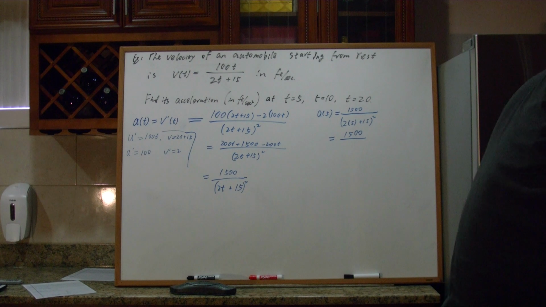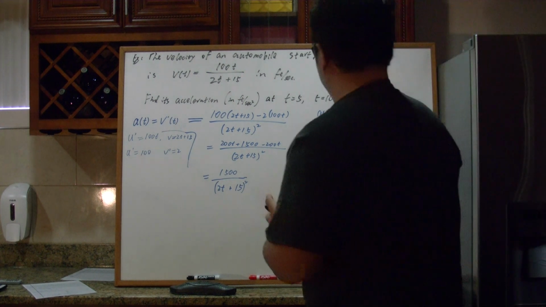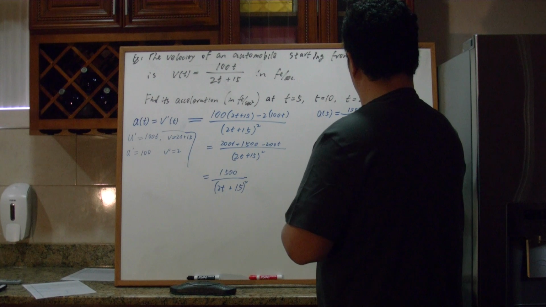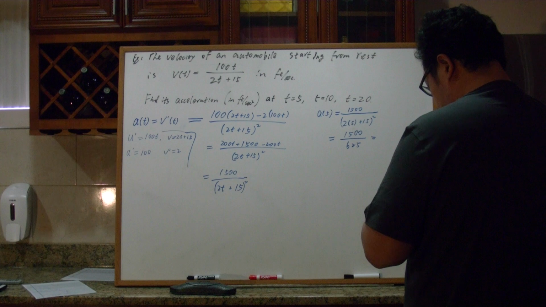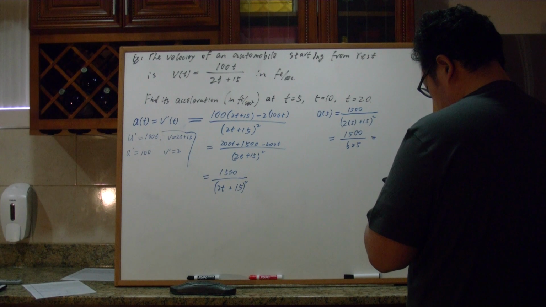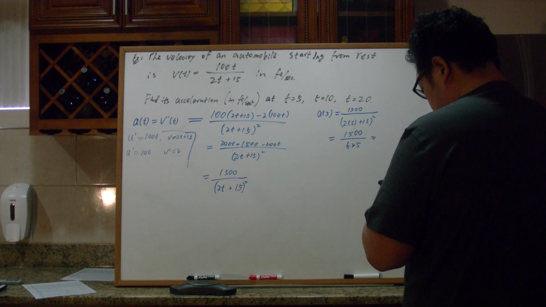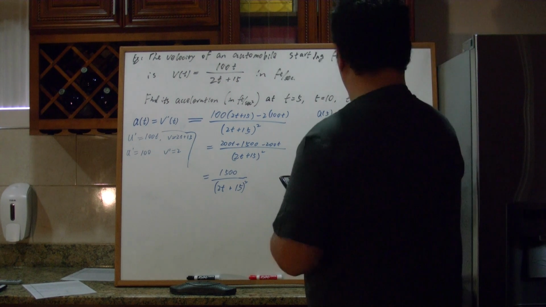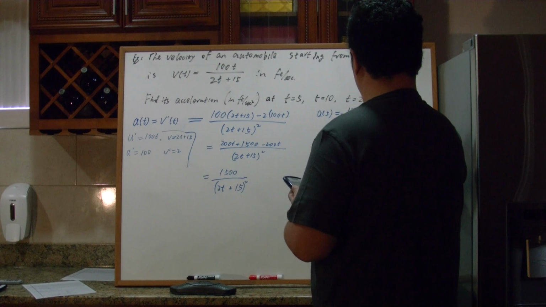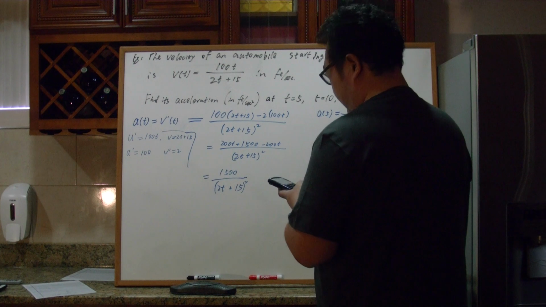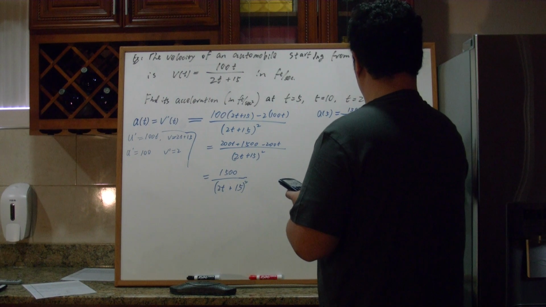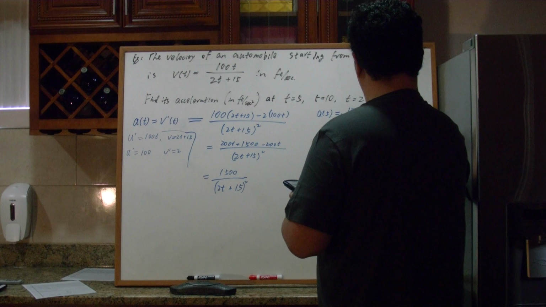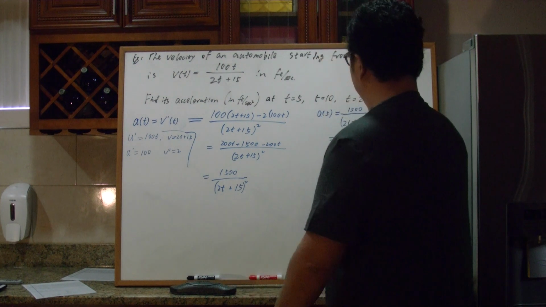When we square it, that's 625. That is 12 over 5, or simply divide it. That's 2.4 feet per second squared.